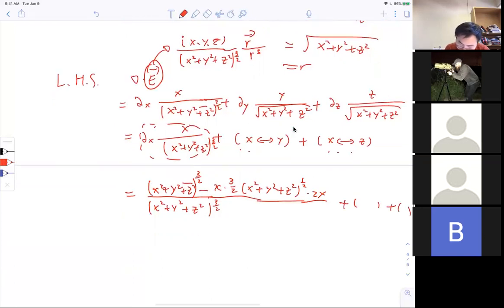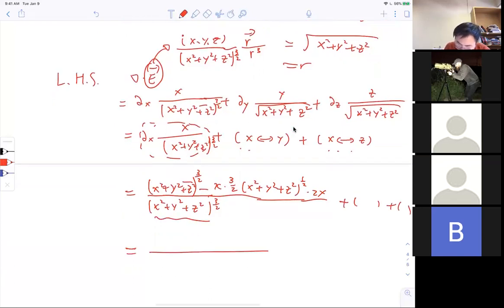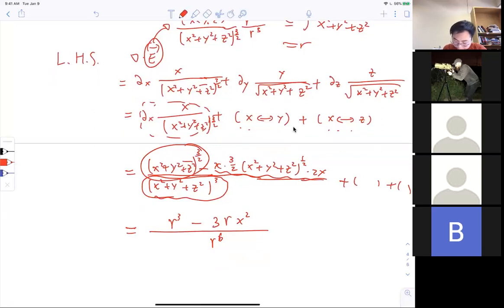This denominator is nothing but r to the 6, and this part is r cubed. This part is like 3r x squared. So this is for the first term.